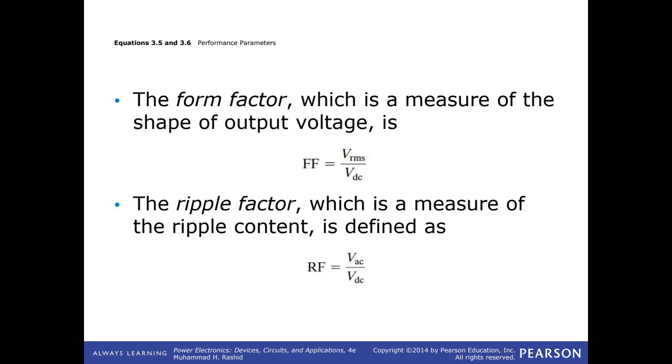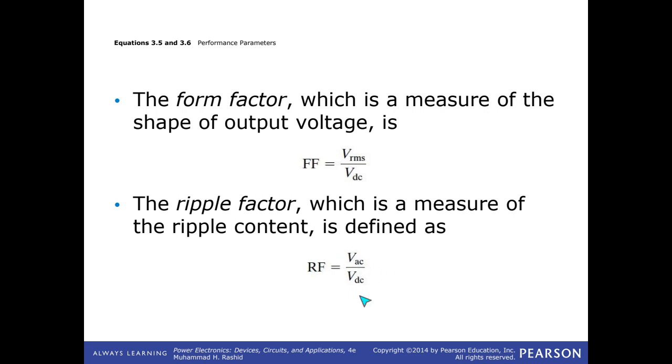Form factor, however, is more than one, by the way. If it is one, it's nice, it's perfect. But it's more than one. RMS value is always higher than the pure DC, and pure DC means average value. Ripple factor, however, should be the AC component over the DC component.